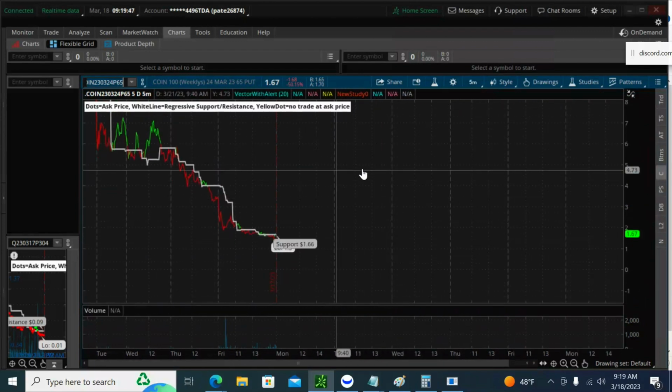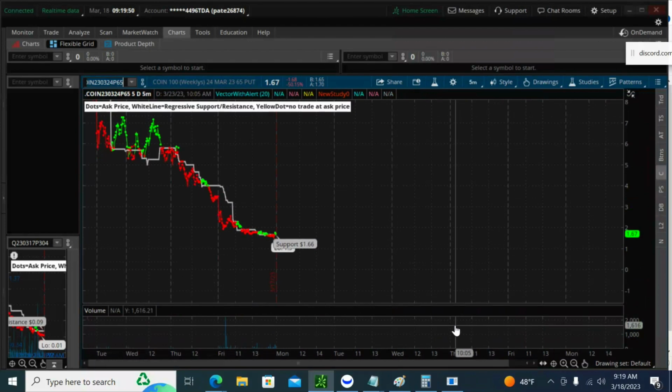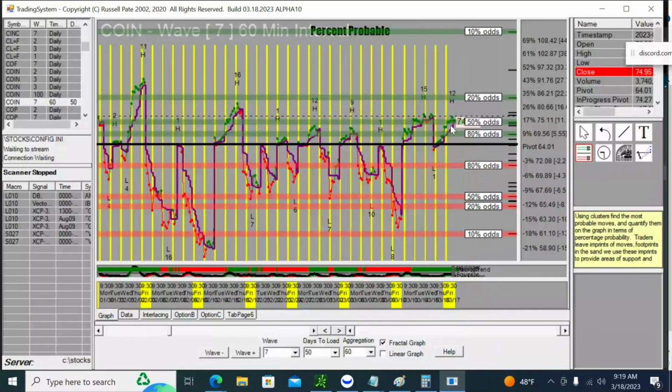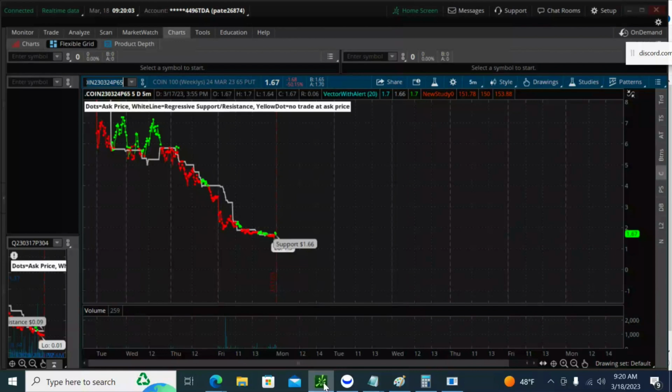One of the tricks is we know they're going to try to take these things to zero. If we did get down here to 66, that option is at 65, so it's already overpriced. They're basically saying we need to get to 65 minus $1.66, so 63.34 is where the value of that thing is.